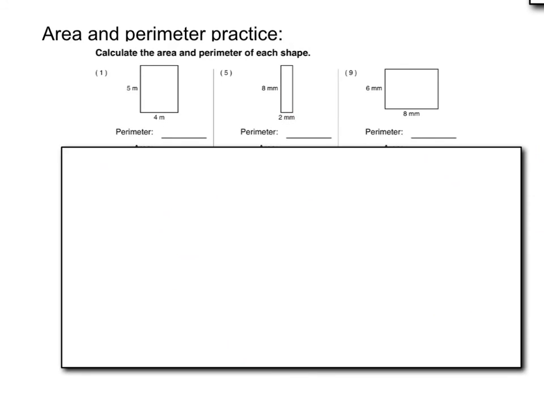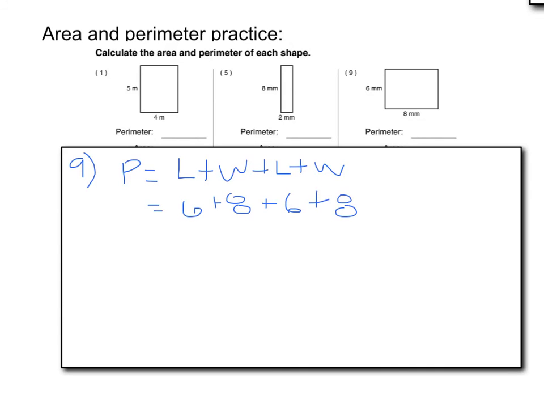All right, let's take a look at this number 9 one here. Perimeter again. I'm going to go length plus width plus length plus width. So 6 plus 8 plus 6 plus 8. 6 plus 8 is 14. 14 plus 14 is 28 millimeters would be our perimeter.